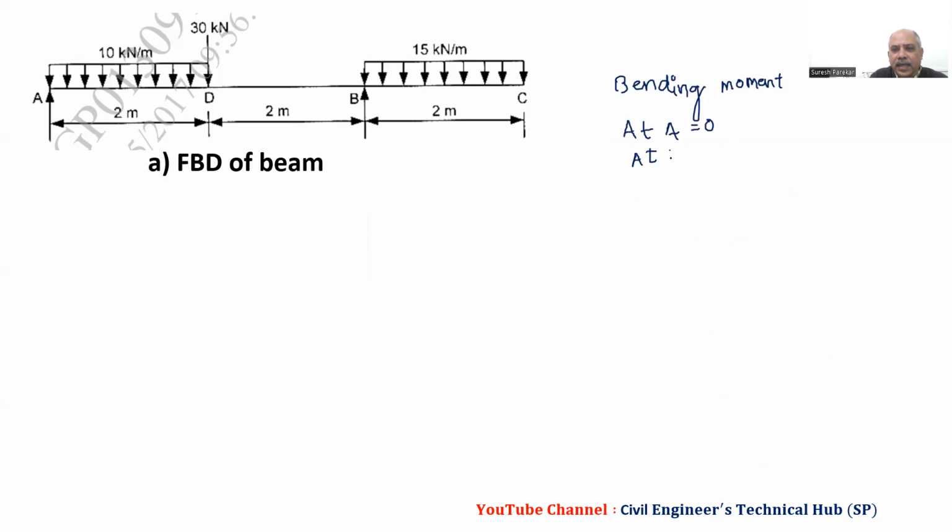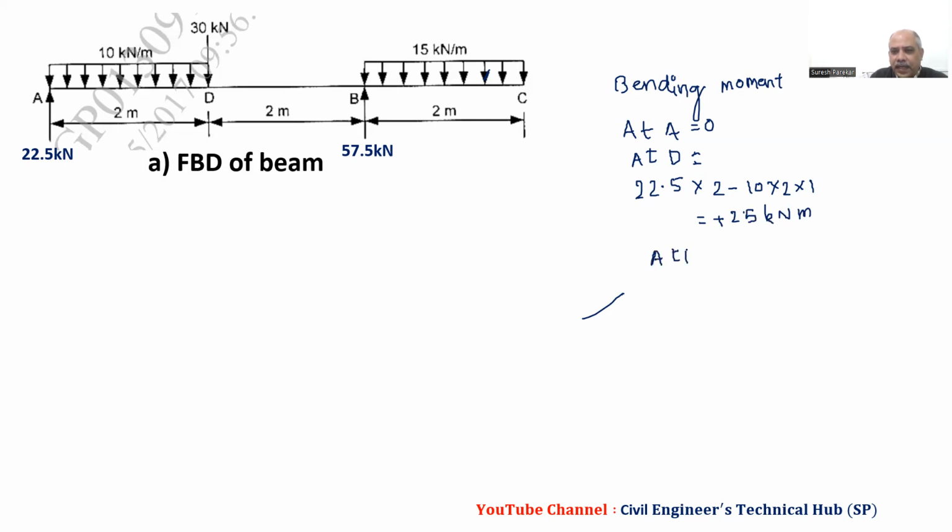Then at D, values we know, this is 22.5 into 2 minus 10 into 2 into 1, and we have this value, plus 25 kilonewton meter.